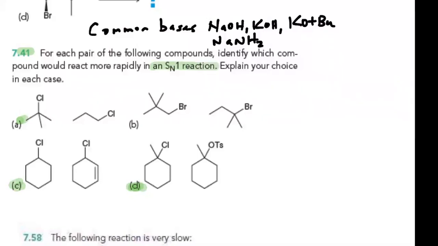That's the key to the problem right there. So you have to know what happens in an SN1 reaction, like what the mechanism is. What's the first step in an SN1? The leaving group leaves. Loss of leaving group. And then after that happens, you form a carbocation intermediate.